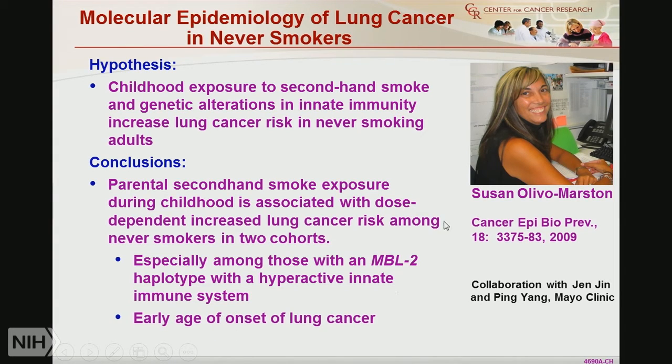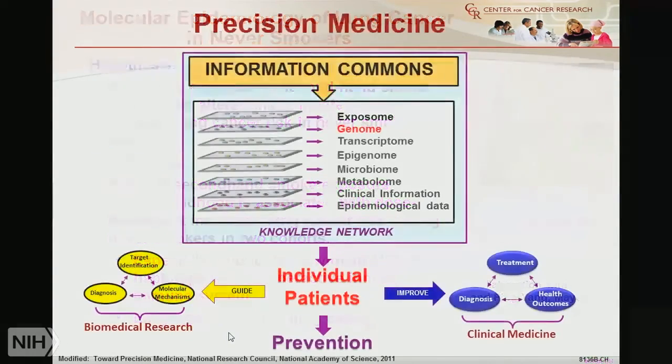And this is especially true of those who have this genetic predisposition and a hyperactive innate immune system from mannose binding lectin-2. What was really surprising to us was that these lung cancers occurred primarily in people in their 50s. That's quite early. Most lung cancer occurs in the 60s and 70s, even in active smokers. So there was an increased risk. There's a genetic component to this predisposition, and secondly, their cancers occurred earlier.